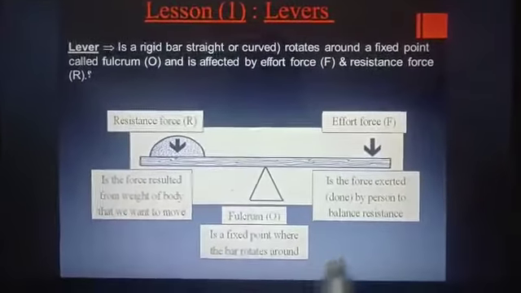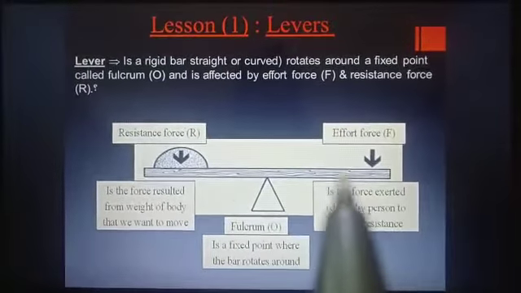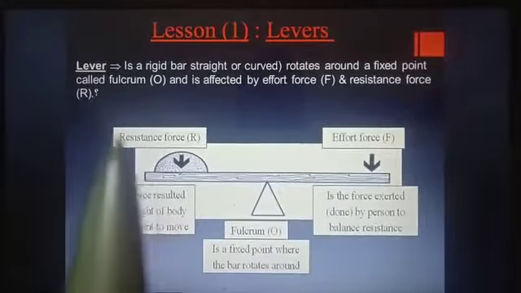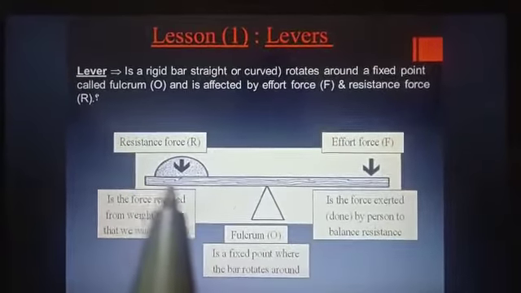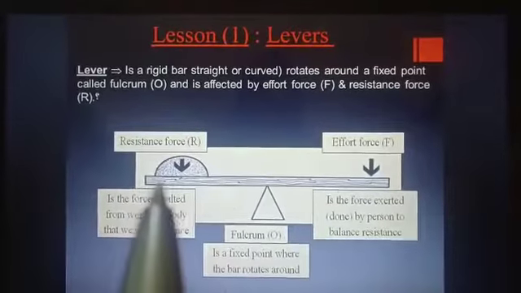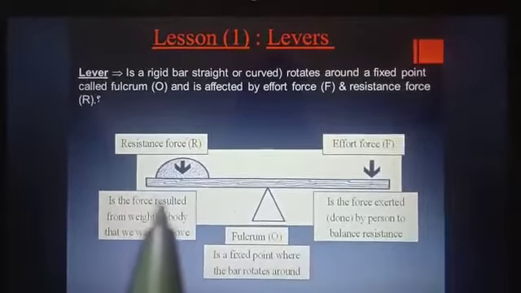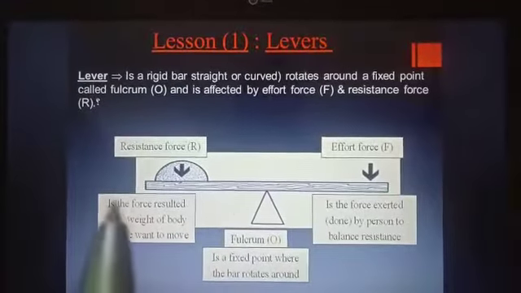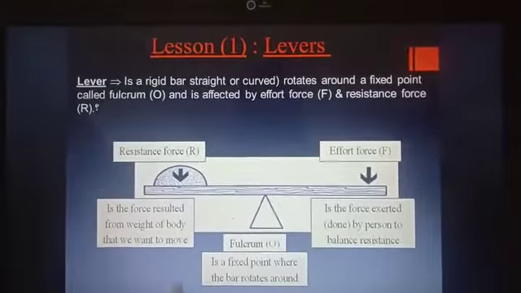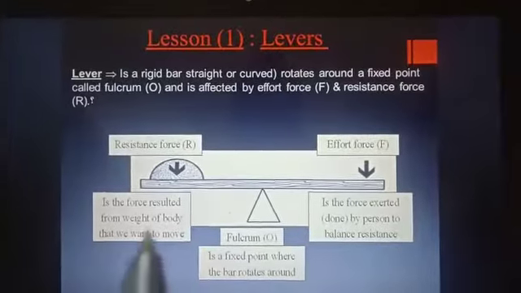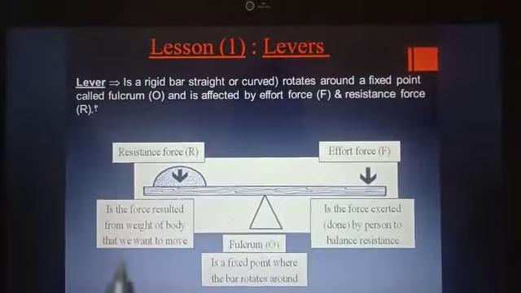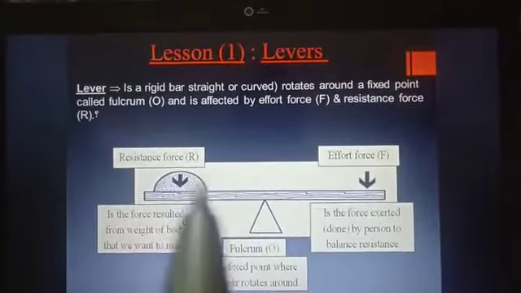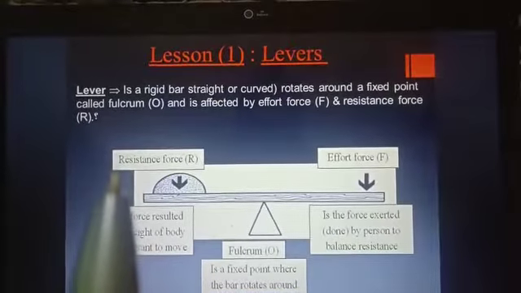So, effort force is the force done by a person. Why? To balance the resistance force. And what is the resistance force? It's the force that results from the weight of the body that I want to move. So the rock has a weight, and the force that results from this weight is called resistance force.